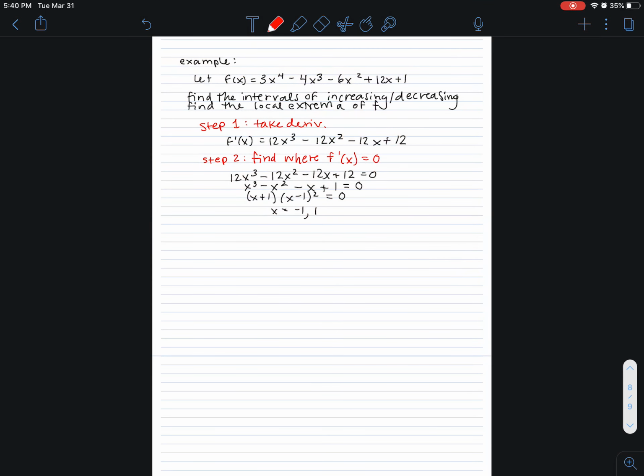Okay, so step 3 is to draw our number line and label our points. We've got x equaling negative 1 and x equaling 1. Step 4 is to plug in, I'm going to call them middle points.